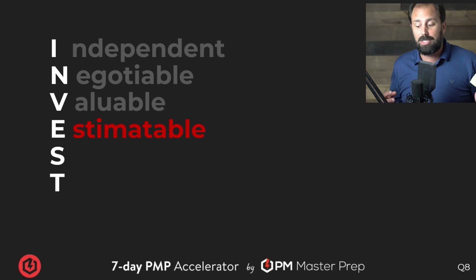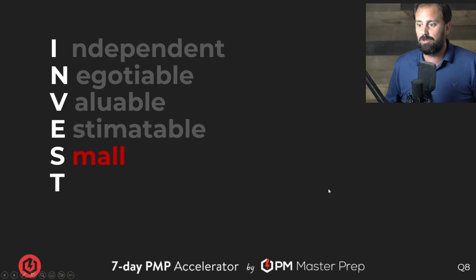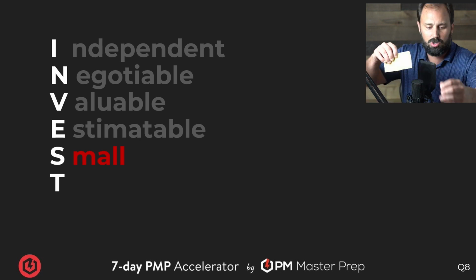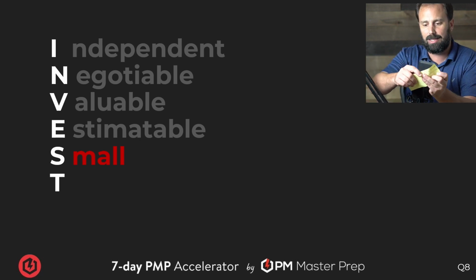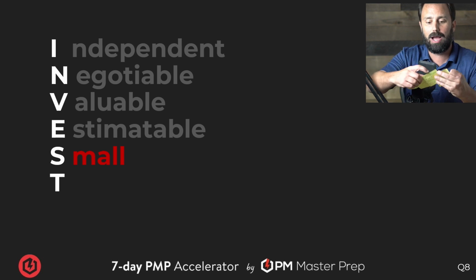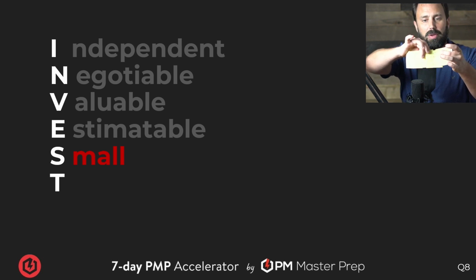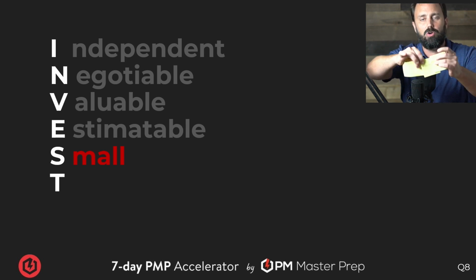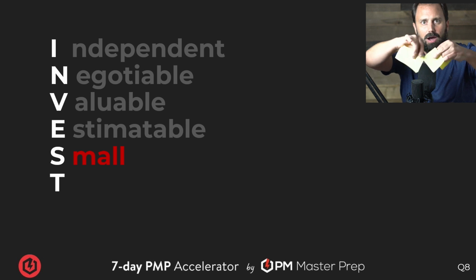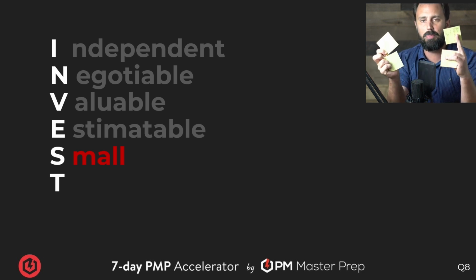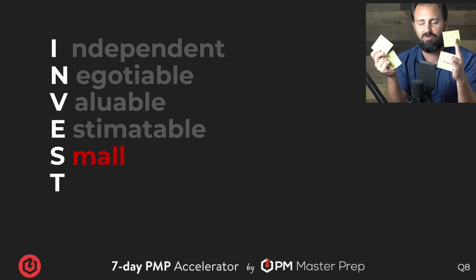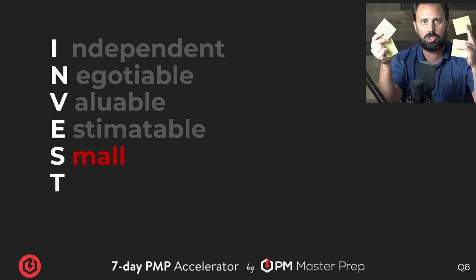Can we understand it? Next, as we get down to the S, is it small? Remember when I said you had two stories that get ripped apart? A lot of times it starts out like this. I got big ideas, bro. They start out like this, but we go, dude, that's too big. It's four stickies tucked together. As you start to refine it and move it up, you start to break it apart so it's independent, understandable, valuable, estimatable, and small.